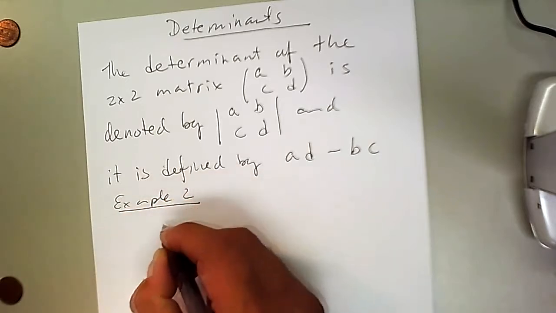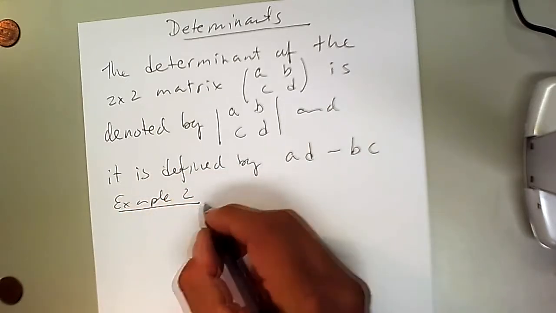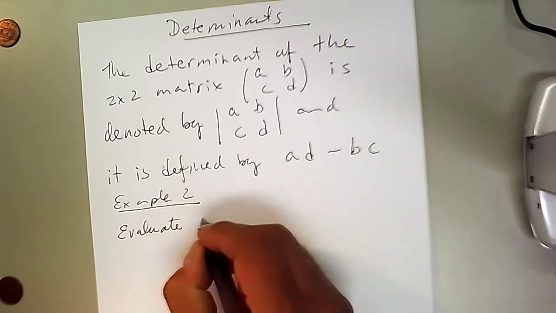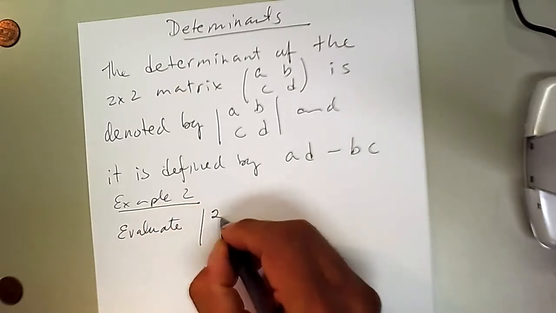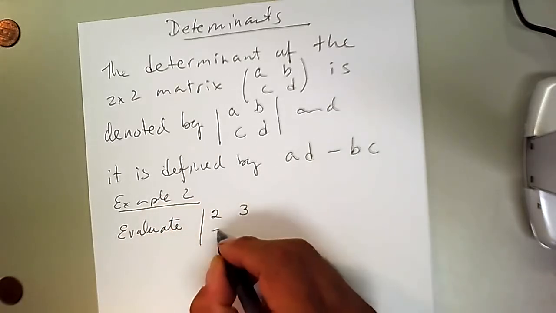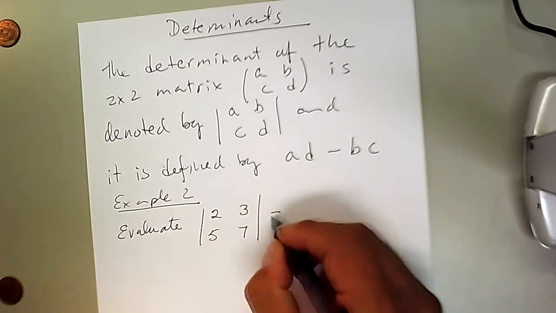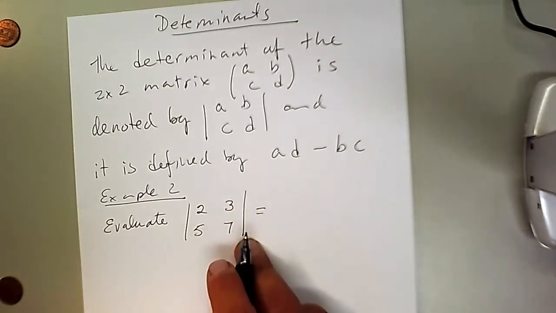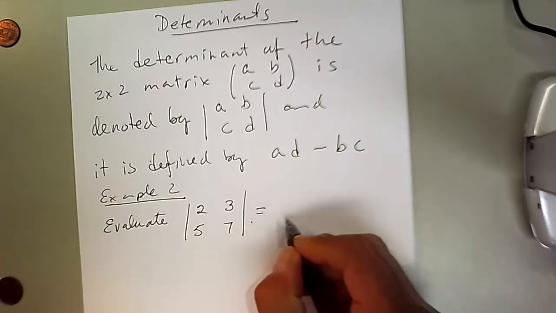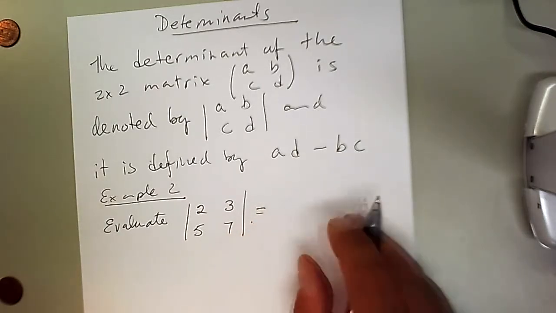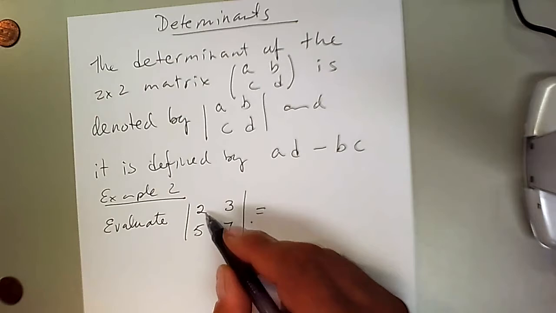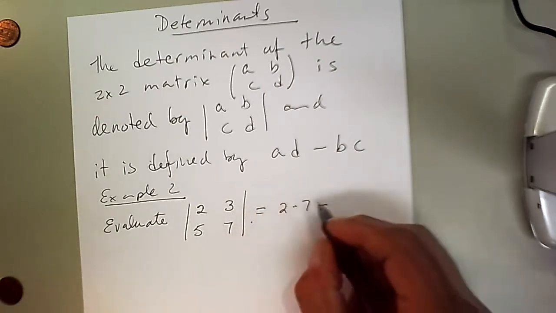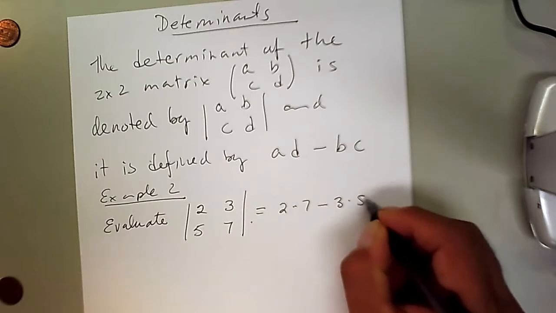Example 2, let's say you want to evaluate the determinant. Again, let's use prime numbers 2, 3, 5, 7. If we want to figure this out, here's the question, and then we can simply write equals and provide the answer immediately. 2 times 7 minus 3 times 5.